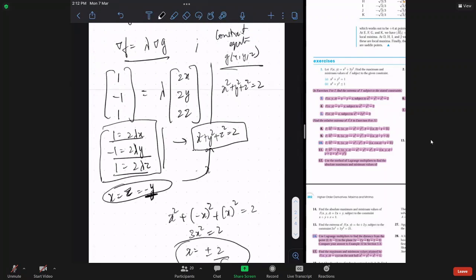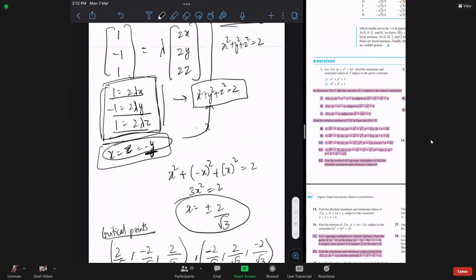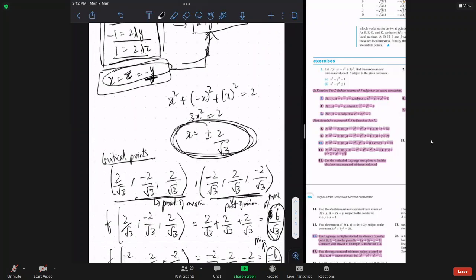This is a pretty standard, simple problem where you have very nice equations and you can solve. There'll be a few questions where there'll be a lot of unknowns and a lot of equations. It's all about solving all of the equations to get some relation like this, then you substitute that in your constraint equation to get some coordinates. So the main step is finding all these critical points.